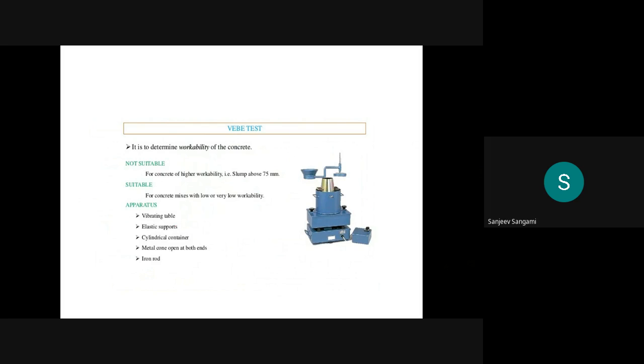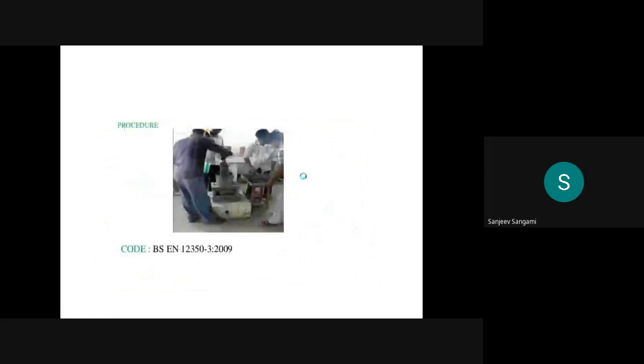So we require the apparatus. At the bottom you can see the vibrating table, then the elastic support, then a cylindrical container, then a metal cone, and an iron rod. Refer to the IS code.